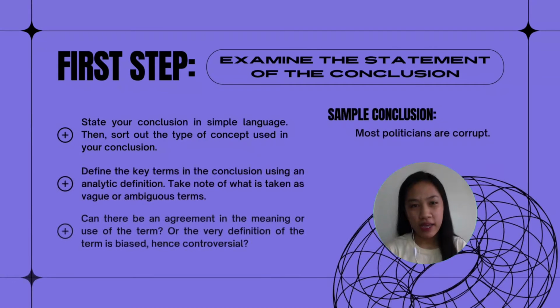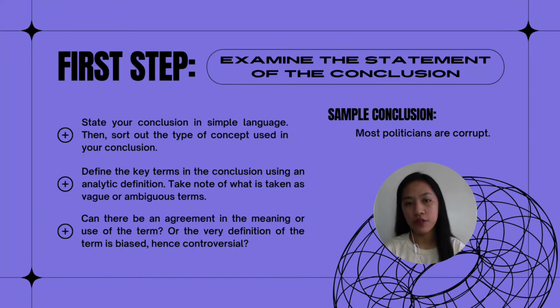First step sa template is to examine the statement of the conclusion. State your conclusion in simple language, then pay attention and sort out the type of concepts used in your conclusion, for this is important for the rest of the steps in the template. If your conclusion involves evaluative concepts, then you should use evaluative claims as your evidence. Dito, nag-provide ako ng isang sample conclusion.